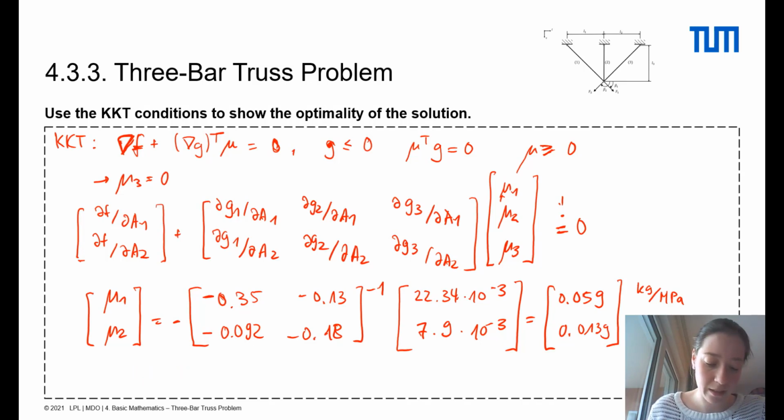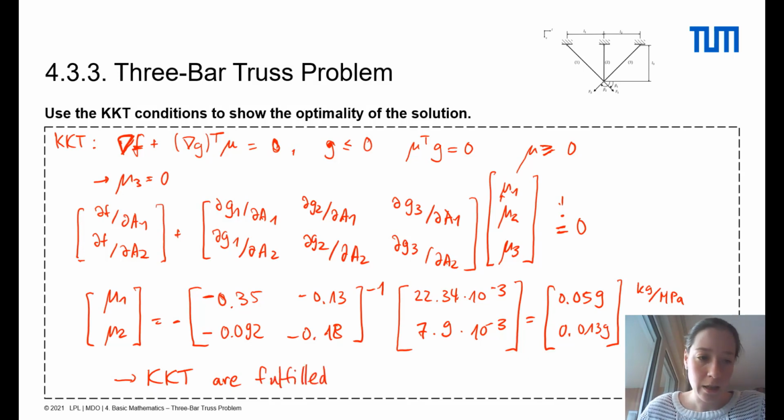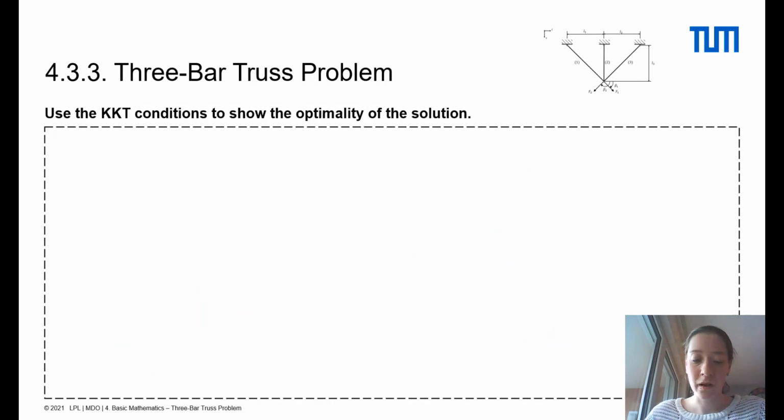We've checked that. So the Karush-Kuhn-Tucker conditions are fulfilled, which was the necessary condition for A star to be an optimum.